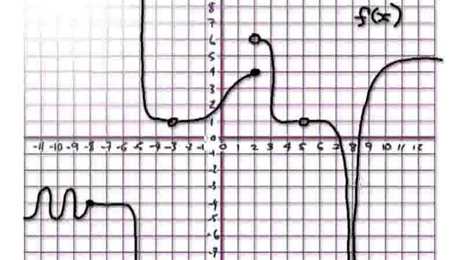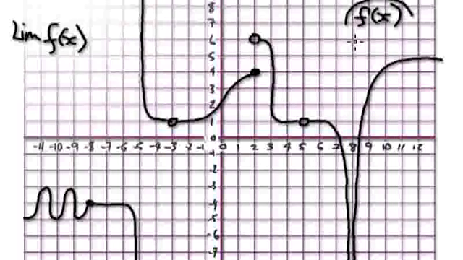The first question is, what is the limit of f of x? F of x is this whole made up function here. So what is the limit of f of x as x tends to negative 5?